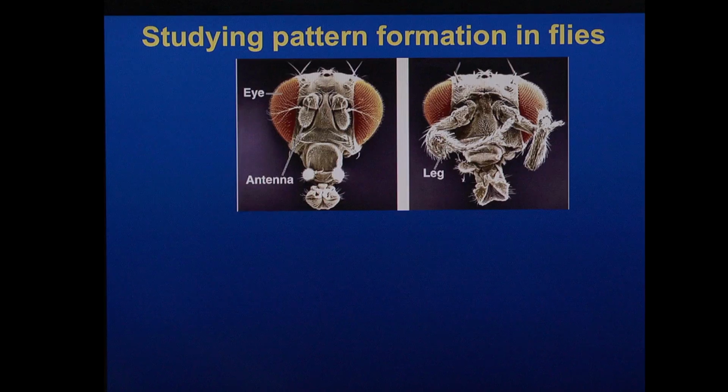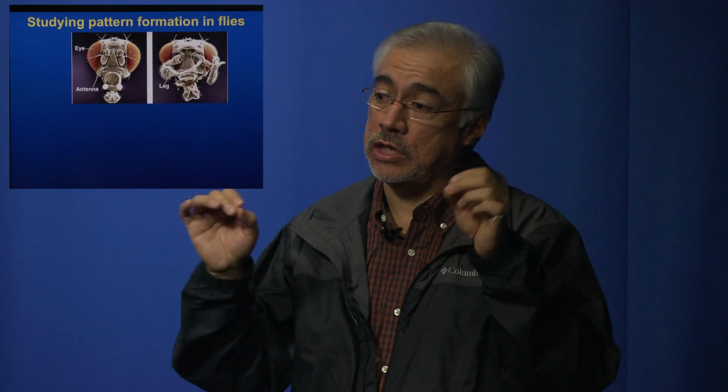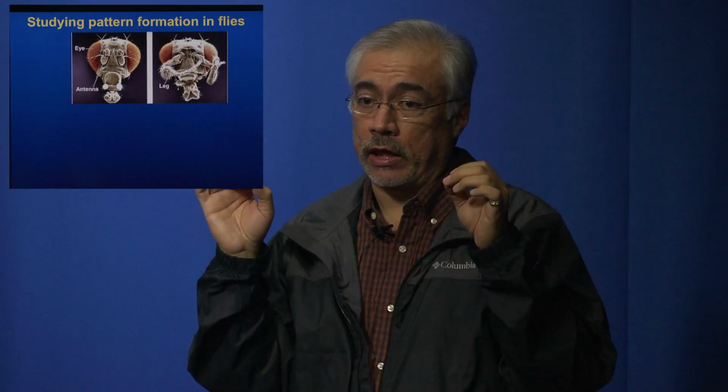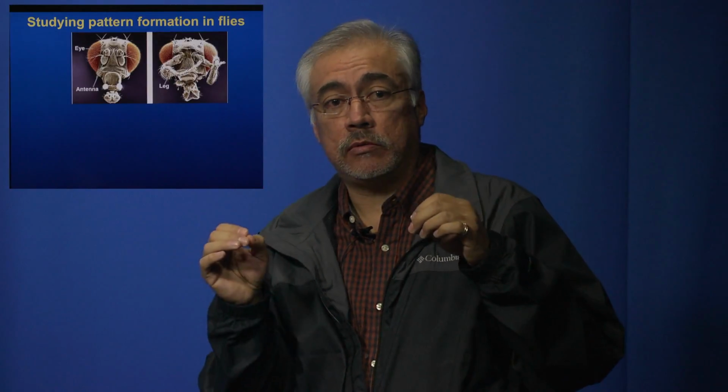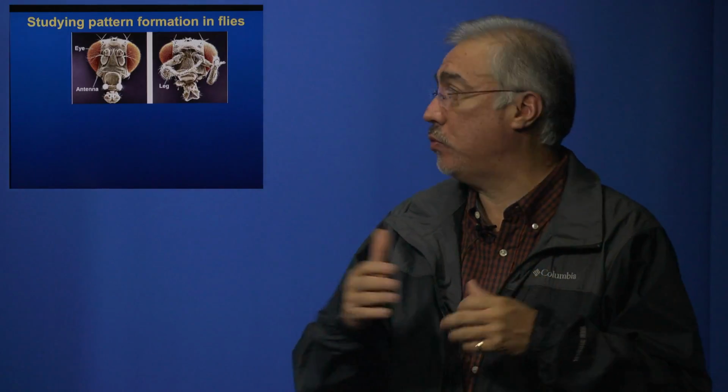So many questions regarding the development of body parts were investigated more than 20 years ago, okay? And people started to make mutations in genes in the fly to understand whether there are genes that were responsible to activate or direct organogenesis or specific formation of a given tissue and so on.